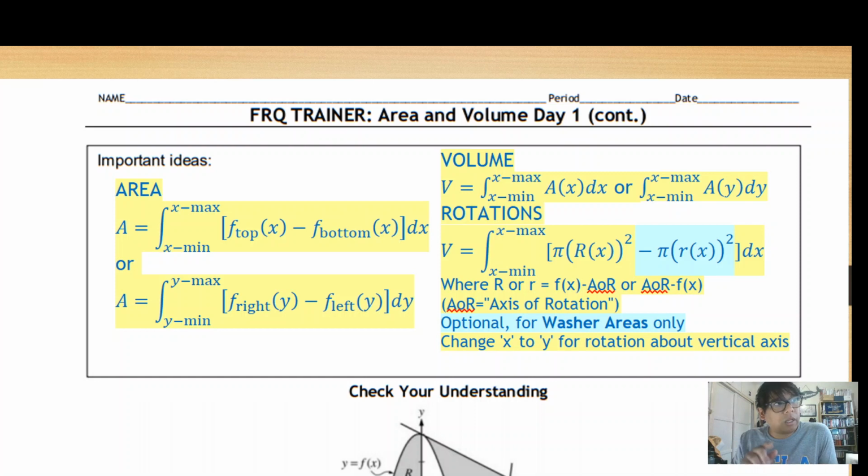So big R, little r, those are all a function minus the axis of rotation, or perhaps the axis of rotation minus the function. Remember, that's going to depend on whether your axis of rotation is below the region or above the region.